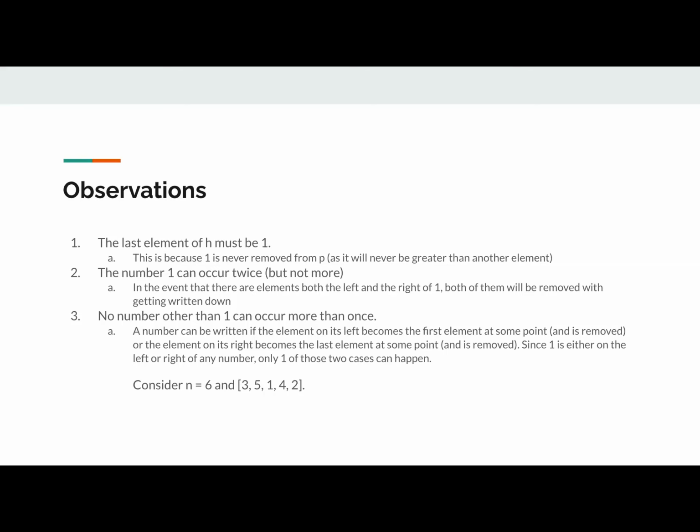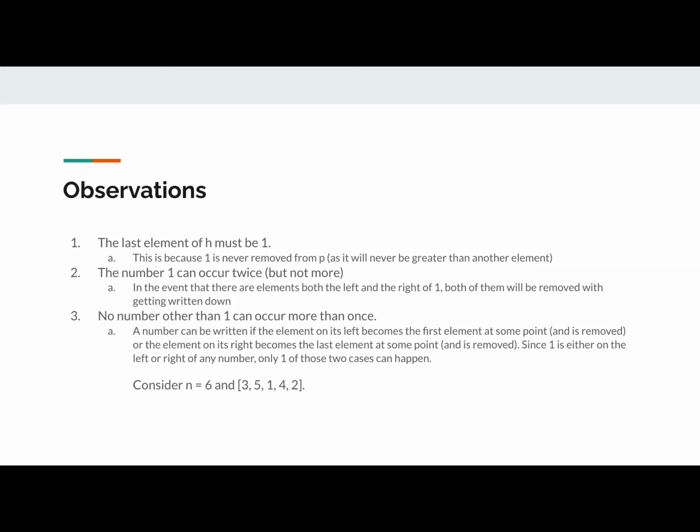And the third observation is that no number other than one can occur more than once. And the reasoning for this is similar. It's because a number can be written down if there's an element on the left that will be removed, or if there's an element on the right that will be removed. But the number one will either be on the left or on the right. And if the number one is on the left, then the number to the left of our current number will never be removed because one will never get removed.